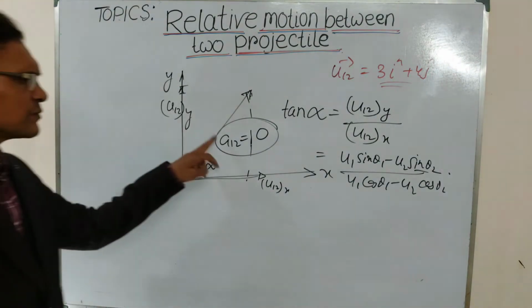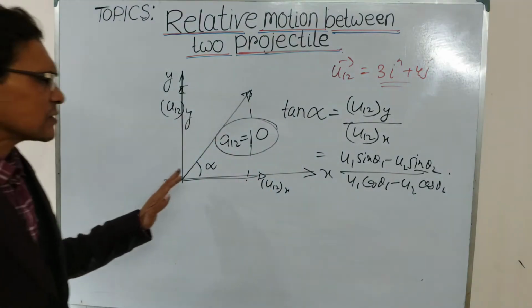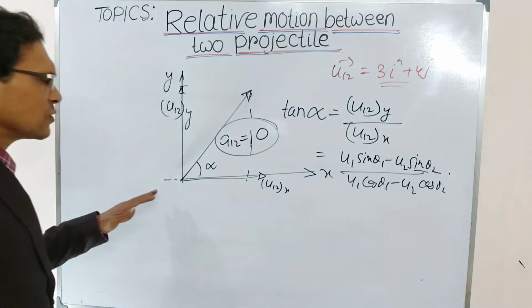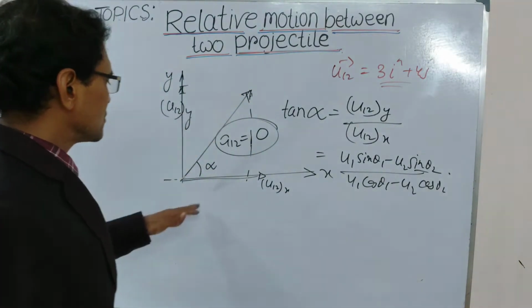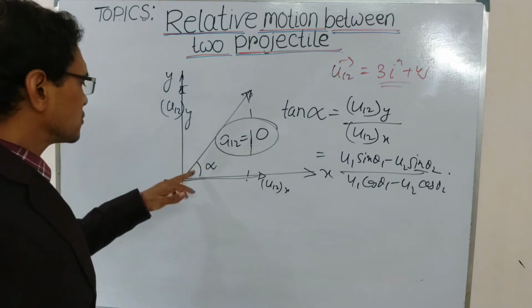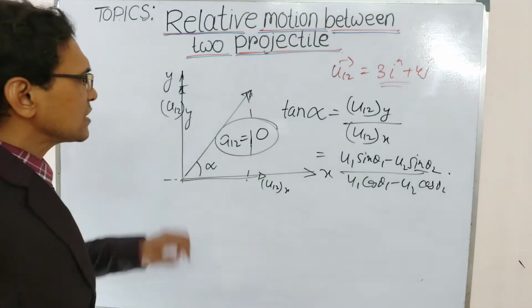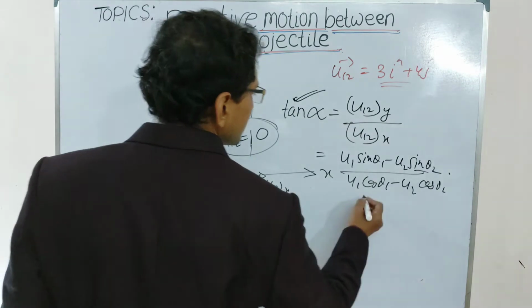Relative acceleration is 0, so when the particle is observed from the other, it moves in a straight line with this direction relative to the horizontal.